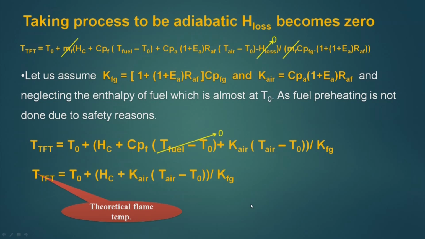All our calculations and the processing and integration of the furnace will now be based on this TFT, which is the theoretical flame temperature, and this is called the theoretical flame temperature.